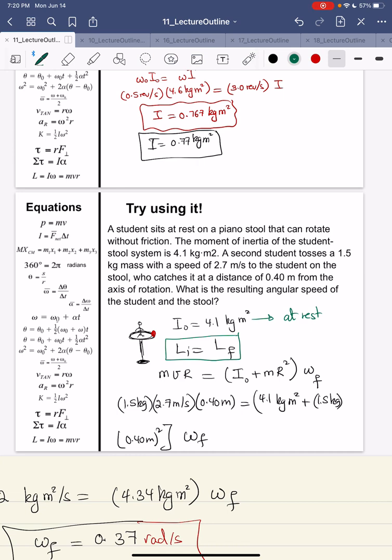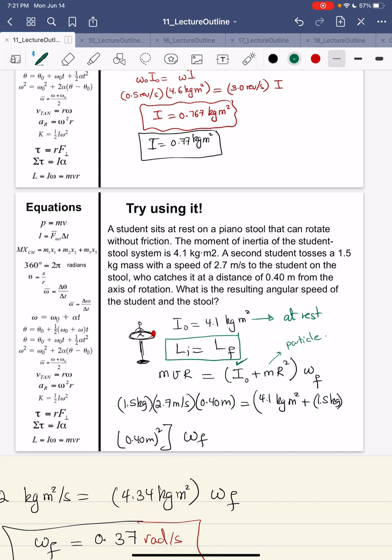And when that mass goes to the stool and they rotate together, this is the moment of inertia of the student-stool system, and this one, for a particle at a distance r from the axis of rotation, is mr squared. And both of them are going to rotate with an omega final.